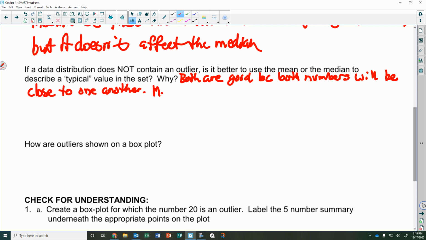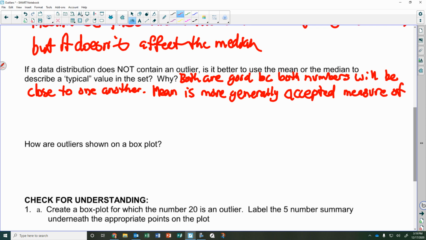However, the mean is the more generally accepted measure of central tendency.